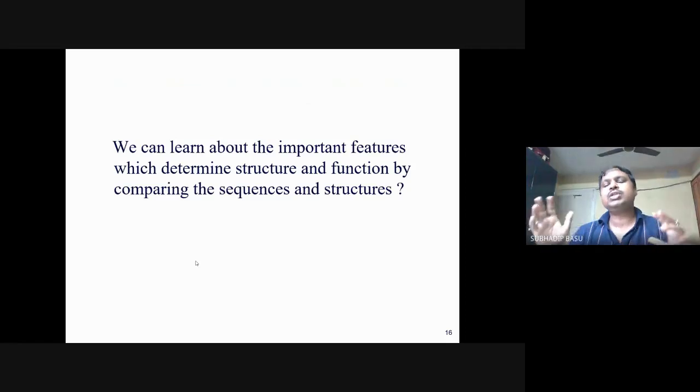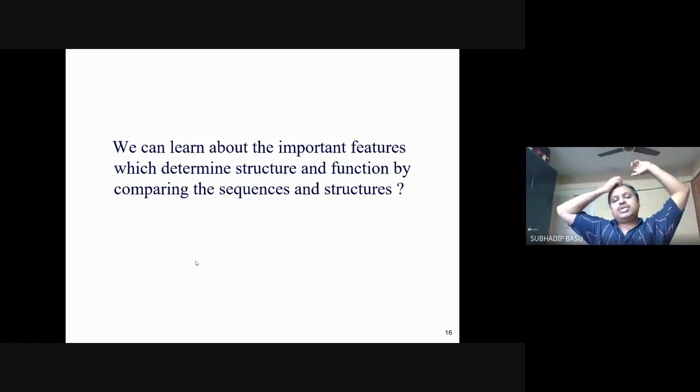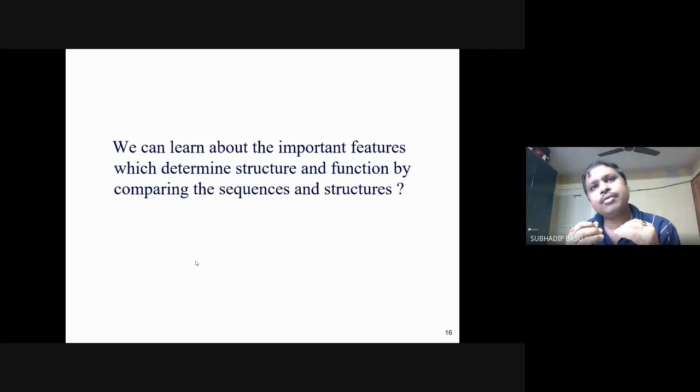This is a very interesting observation, and it shows that it's very complicated to relate the sequence information directly with the tertiary structure of a protein.